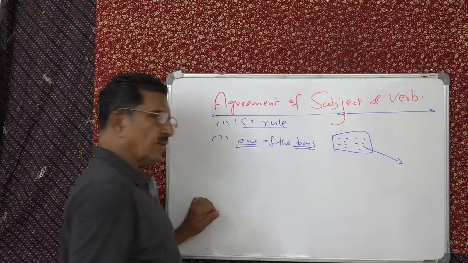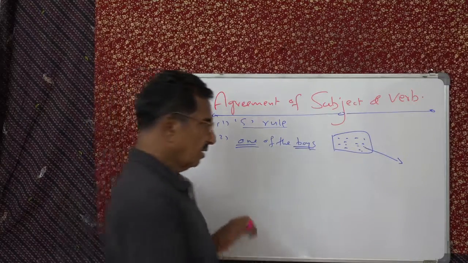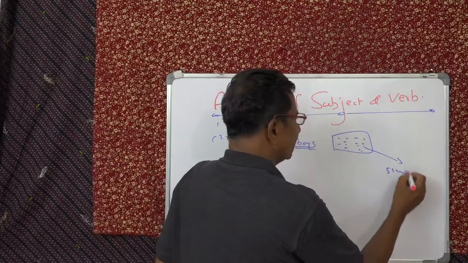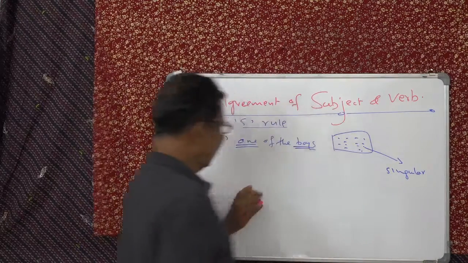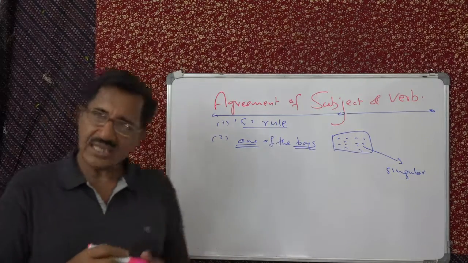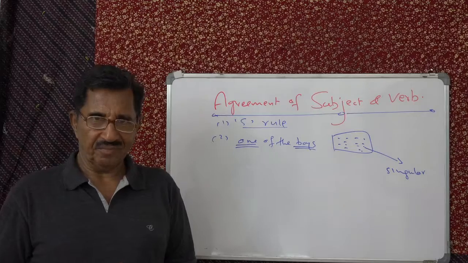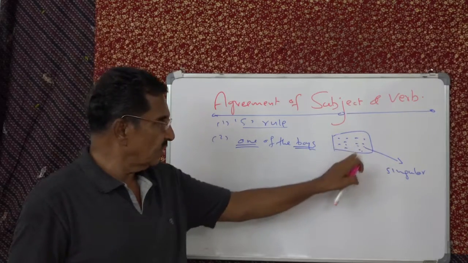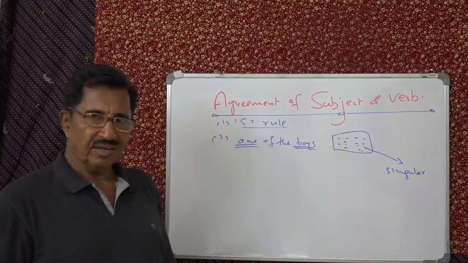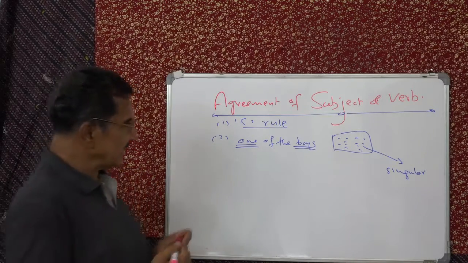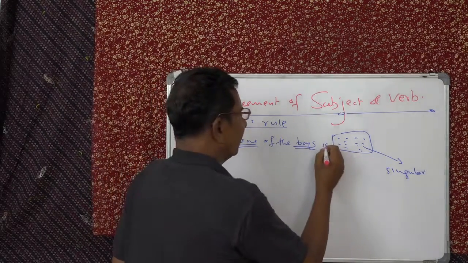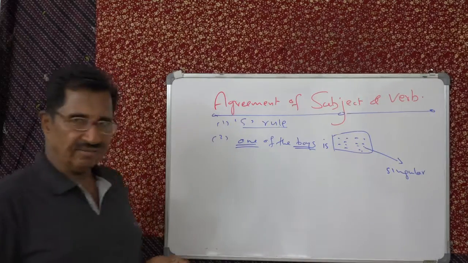So is it singular or plural? Singular. One of the followed by a plural noun is singular, because just one we are taking out. So one of the boys is reading.